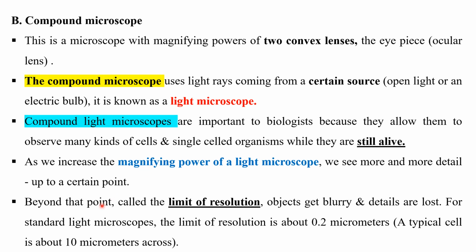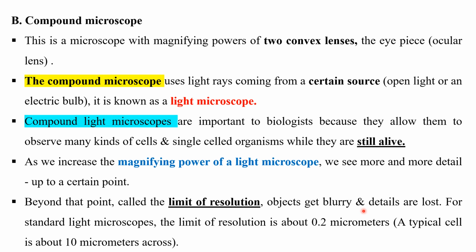Beyond this point is the limit of resolution of these objectives, or of this compound light microscope, called the limit of resolution. Beyond this certain point the objects get blurred.